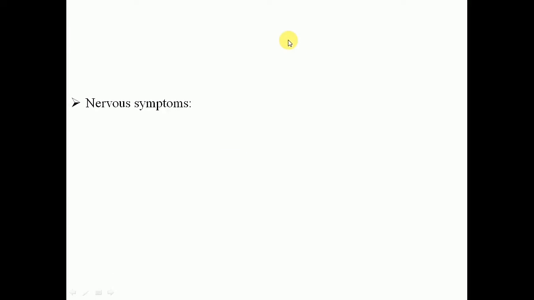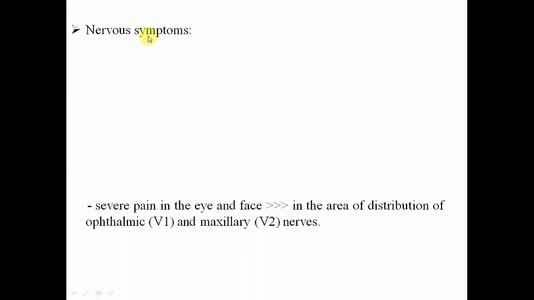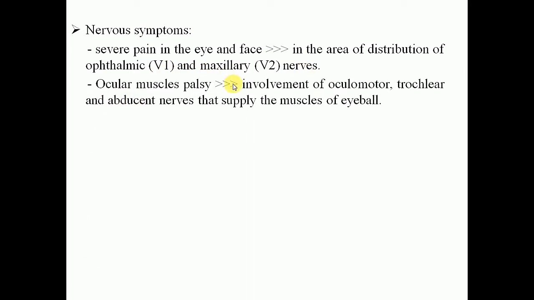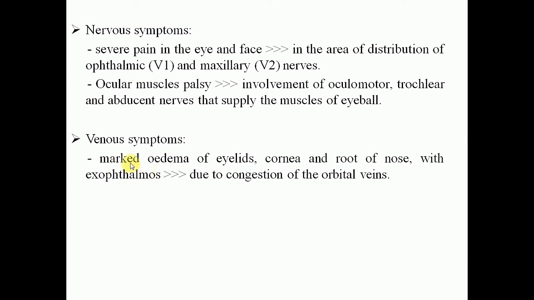And this led to symptoms like nervous symptoms in the form of severe pain in the eye and face, in the area of distribution of ophthalmic and maxillary, which are the first and second division of trigeminal nerve, and ocular muscle palsy because of involvement of oculomotor, trochlear and abducent nerves that supply the muscles of eyeball. In addition, there would be venous symptoms, that is marked edema of the eyelids, cornea and root of nose with exophthalmos due to congestion of the orbital veins.